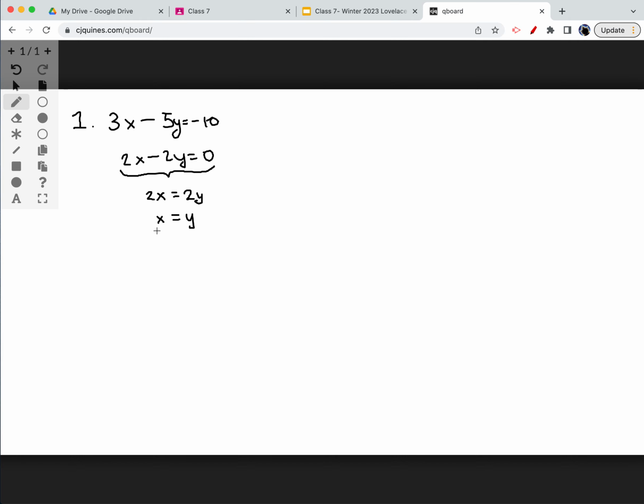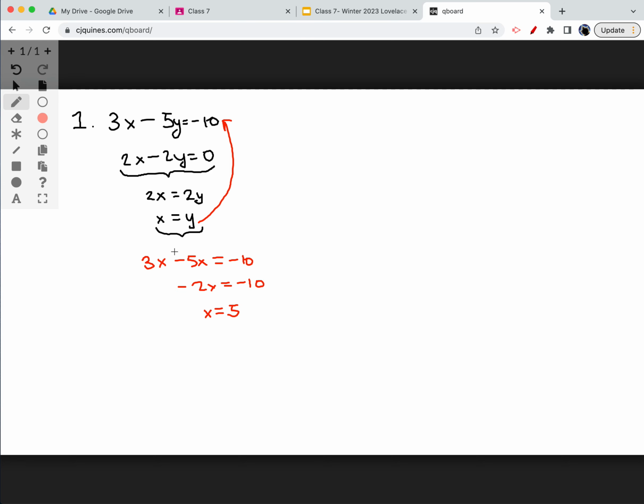So now we substitute this back into the first equation, which is 3x minus 5y equals minus 10. And we get 3x minus 5x is equal to minus 10. So minus 2x is equal to minus 10, and x is equal to 5.